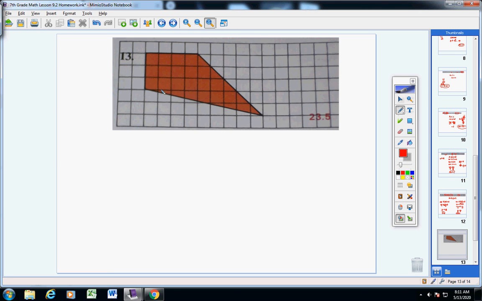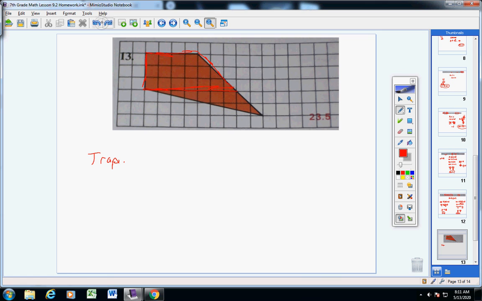So I would recommend we draw a line here. Now, if I draw a line there, I'm left with a trapezoid. Do you see it? This figure right here, guys, is a trapezoid. How do I know that? Because this side here is parallel to this side here, and these two sides here are not parallel.